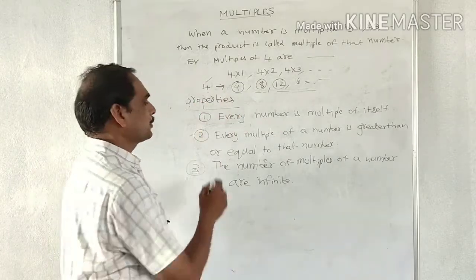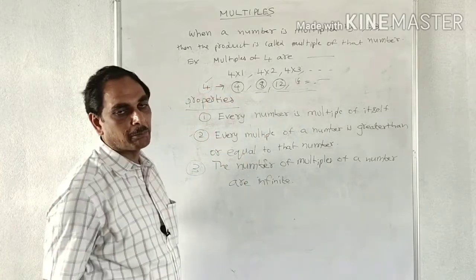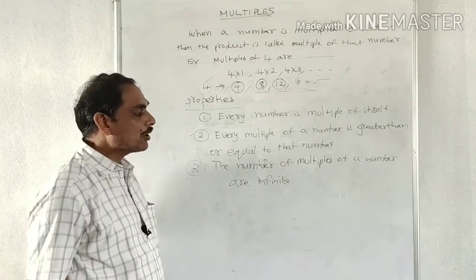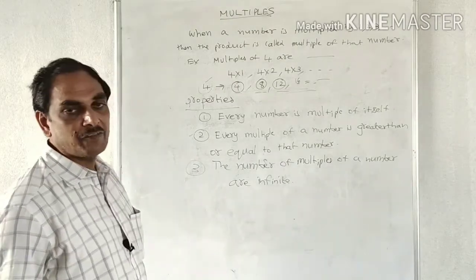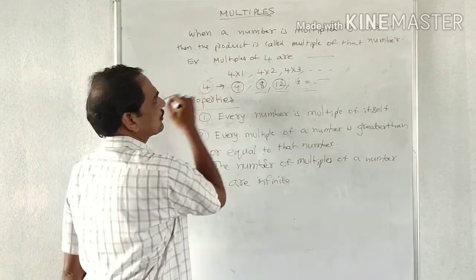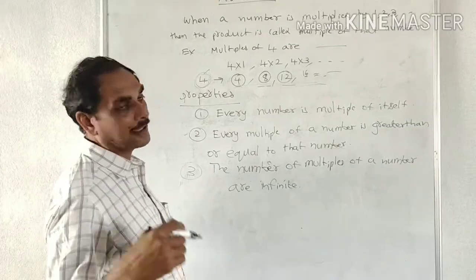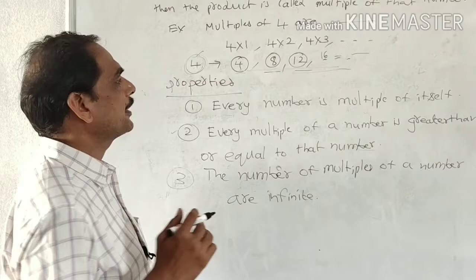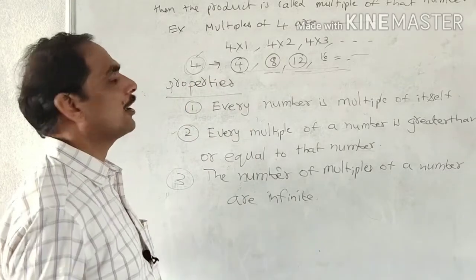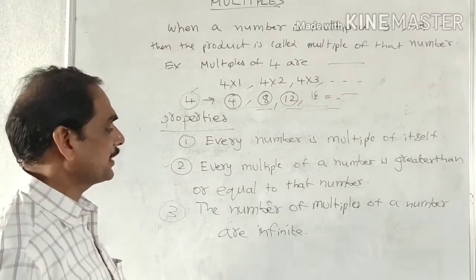Next, third property is the number of multiples of a number are infinite. So there are infinite number of multiples for 4. There are infinite number of multiples for each and every number. So every number has unlimited or infinite number of multiples. So these are the main properties.